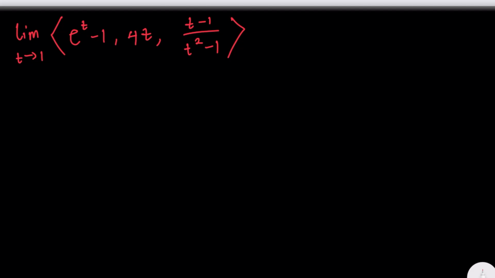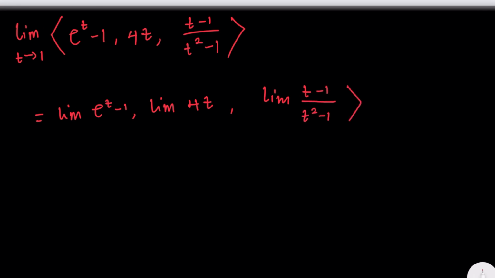We are going to have limits of e^t minus 1, then limits of 4t, then limits of t minus 1 on t squared minus 1. So that's how we're going to take the limits.